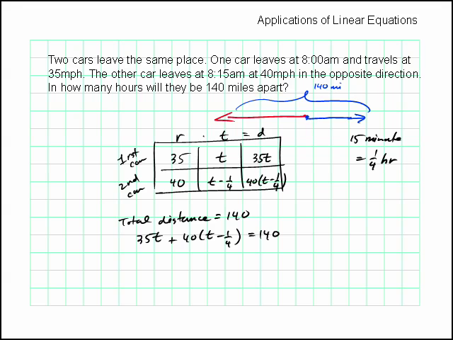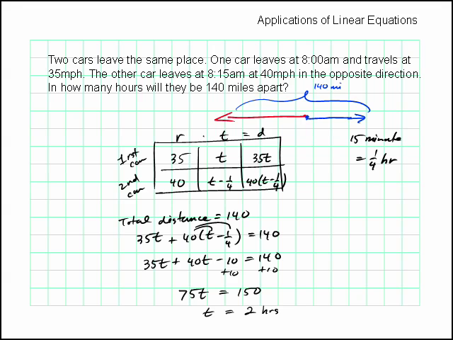Okay, so let's solve it. 35t plus, we've got to distribute that, 40t minus 40 times the fourth is 10. Add 10 to both sides and combine your like terms. We get 75t equals 150. Dividing both sides by 75, we get 2 hours.